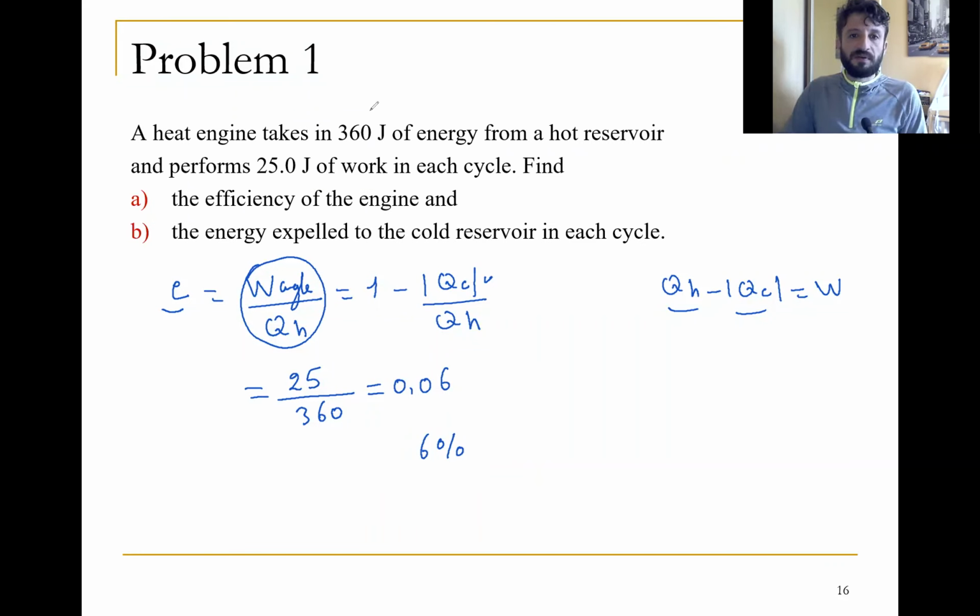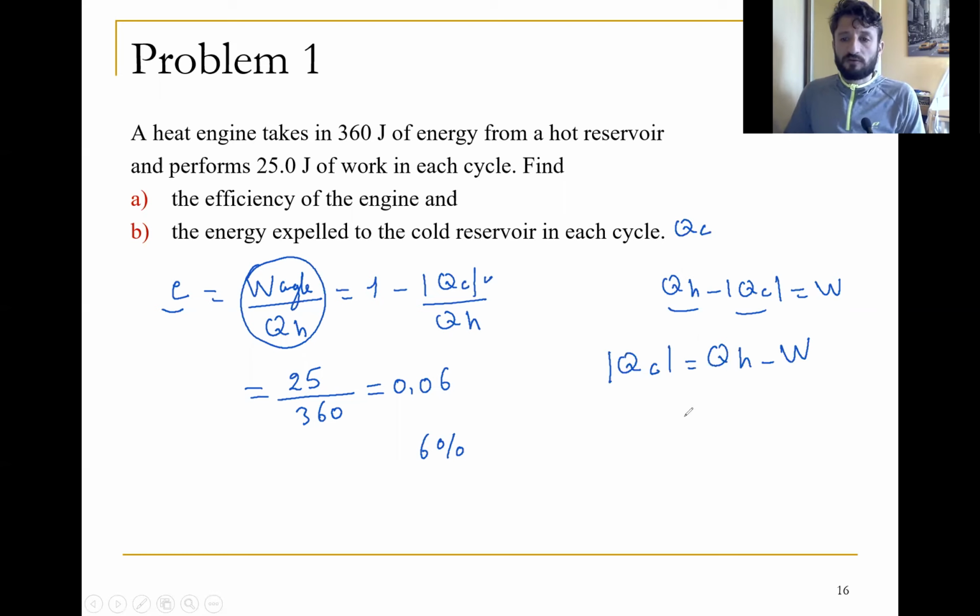Second, B, we have to find the energy expelled to the cold reservoir. It means we have to find Q cold. We can apply this relation, or you can apply this one. So we can say here Q cold as absolute value, be careful, equals Q hot minus omega.